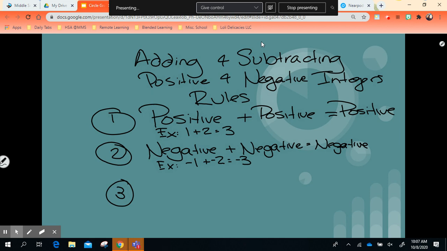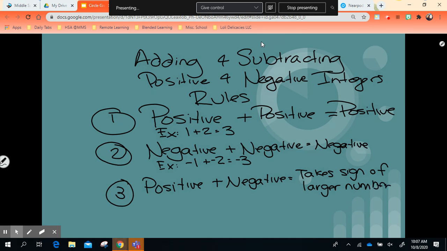So positive plus negative, your answer takes the sign of the larger number.